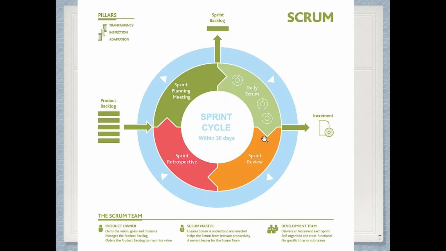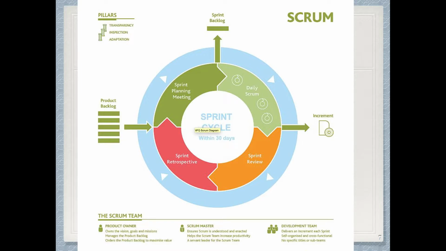The review meeting will allow the users to look at what we have given them, and maybe he or she would update the priority of our product backlog after they have seen what we gave them. And in the sprint retrospective meeting, we look at the way we do things together, our processes, how people work together.